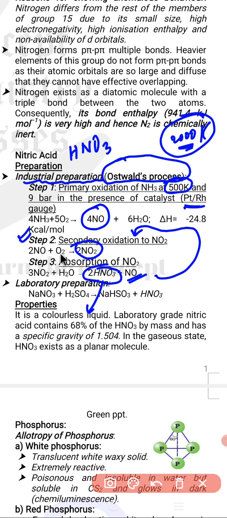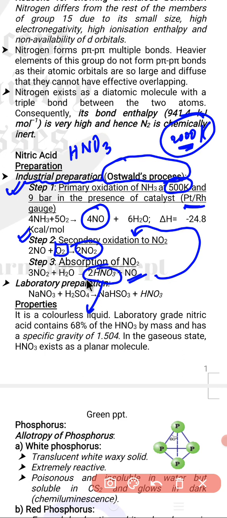Only requirement will be oxygen, and oxygen is easily available in the atmosphere, which can be collected by fractional distillation. So this is the industrial preparation of nitric acid, which is very important from the examination point of view.